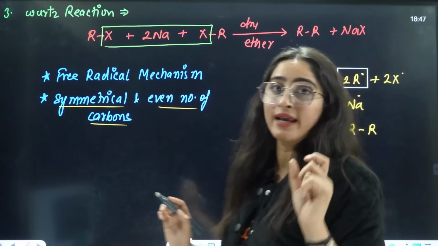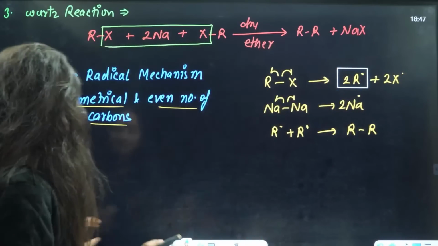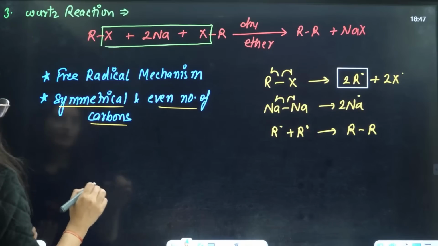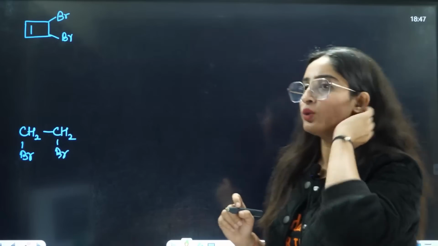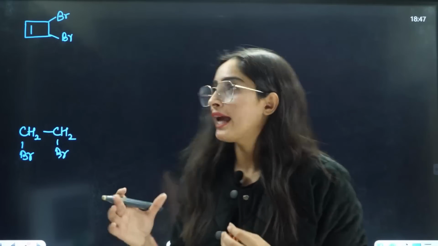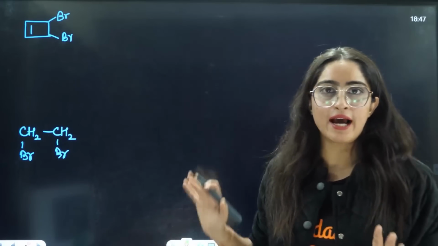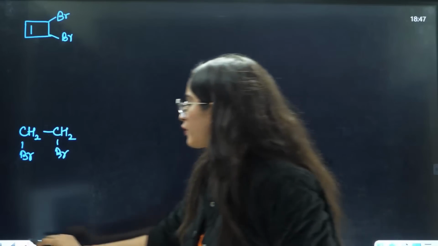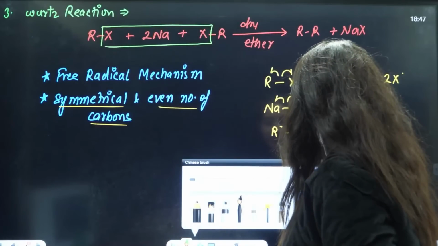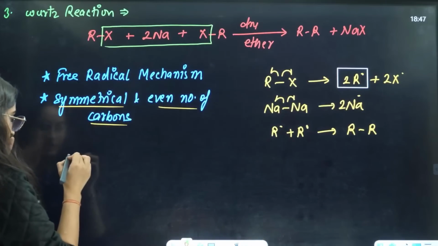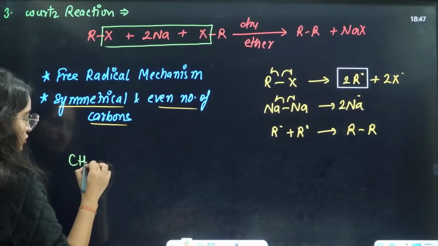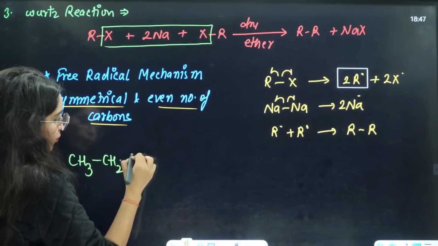Now the next important thing about this reaction, I'll tell you with the help of examples. For example, they can give you very simple reactions like this, that you have CH3CH2Br.